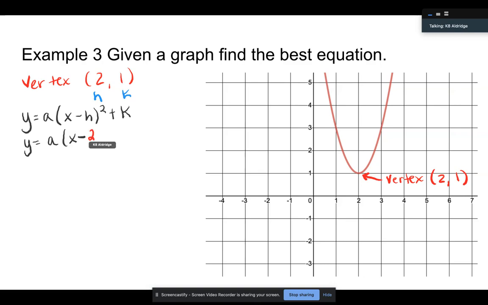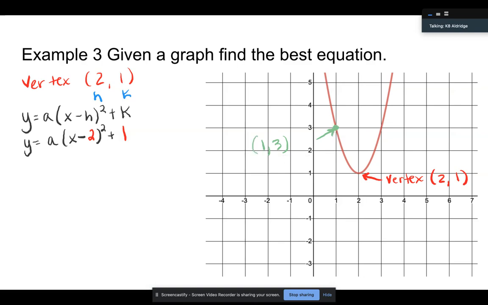Squared plus k is 1. Oh, that's nice. That makes sense. That's our vertex. All right, now we're going to identify another point. Another point on a graph that's really nice and simple is the point x is 1, 3. We see the point 1, 3.